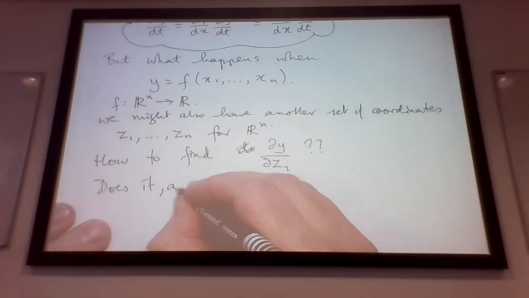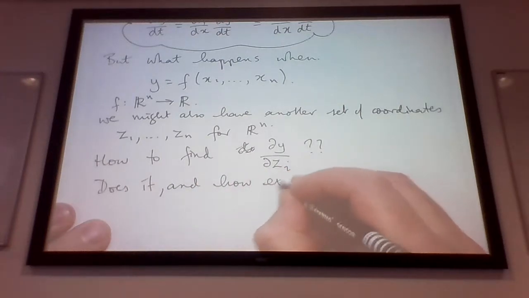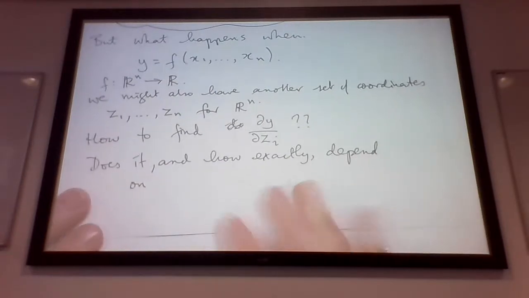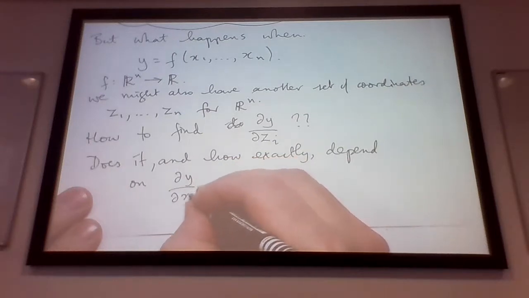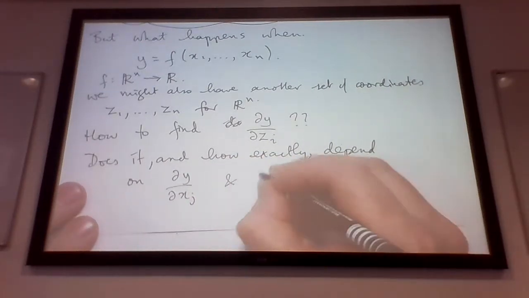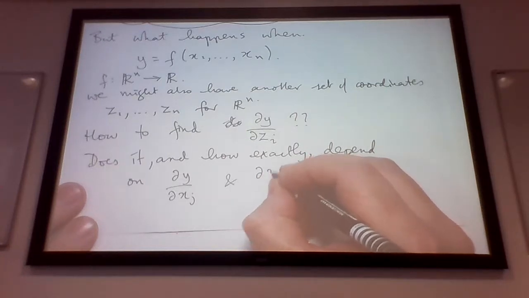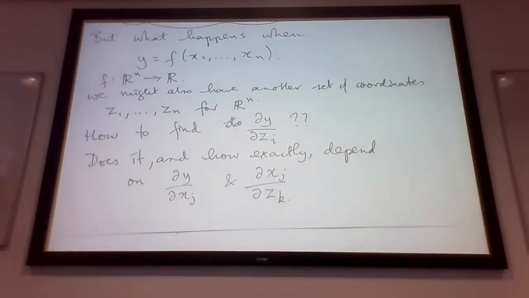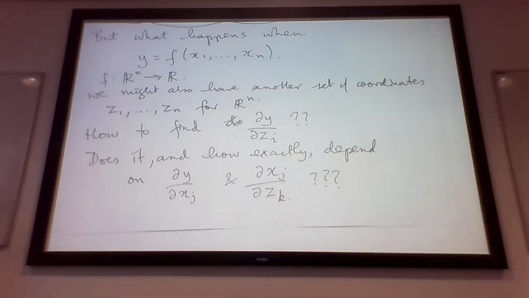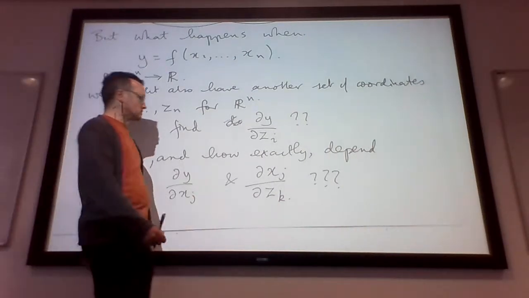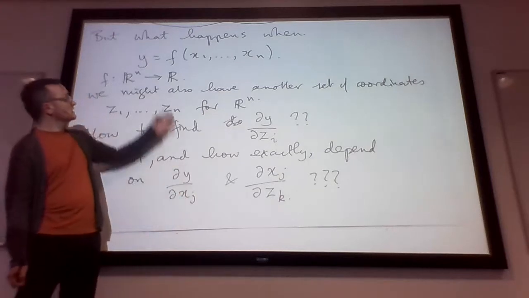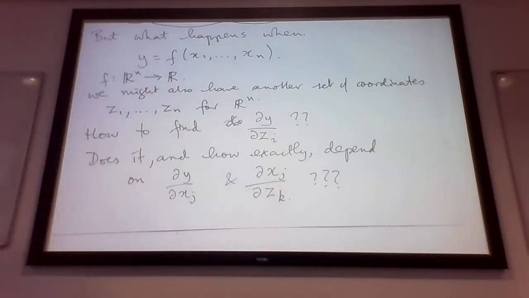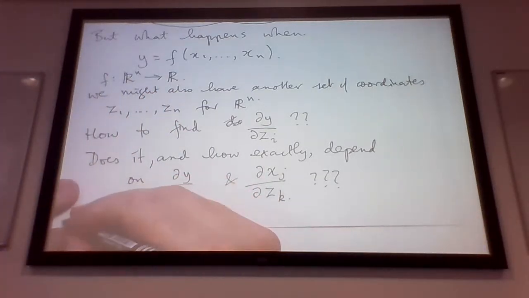Does it, and how exactly, depend on the derivatives of y with respect to some of the xj variables and the derivative of some of the xj variables with the zk's? Now there's a proliferation of subscripts here, just to indicate all the available partial derivatives, the derivative of y with respect to the original x's, and the derivatives of these x's with respect to the zk.